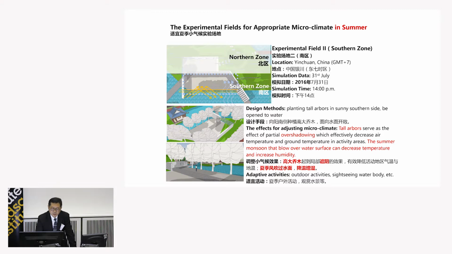The experimental fields are for appropriate microclimate in summer, and we designed this project by considering the microclimate. So before it was built, we already took the data on site.